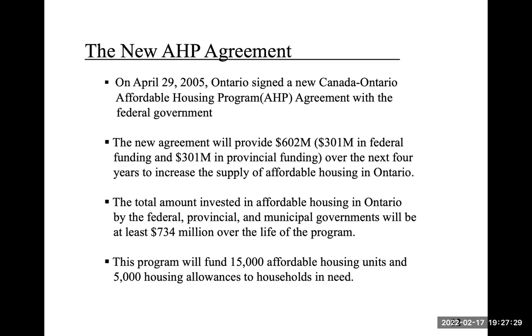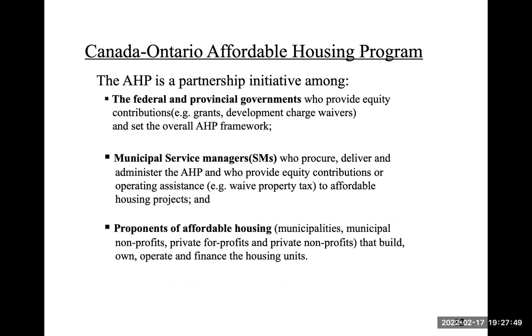And the total amount invested in affordable housing in Ontario by the federal, provincial, and municipal governments will be at least $734 million over the life of the program. This program will fund 15,000 affordable housing units and 5,000 housing allowances to households in need.